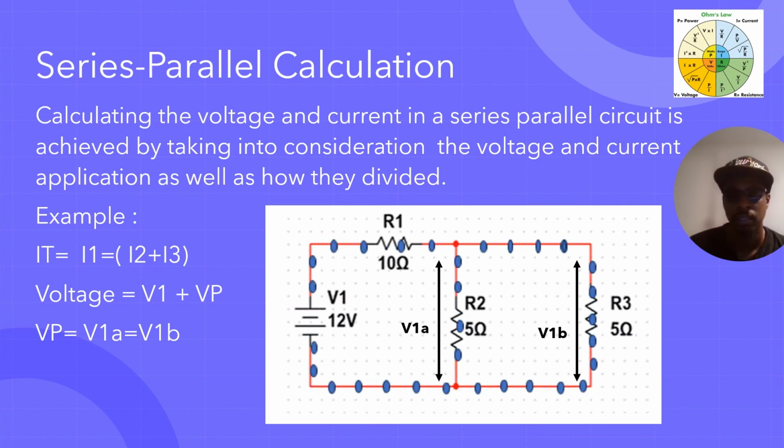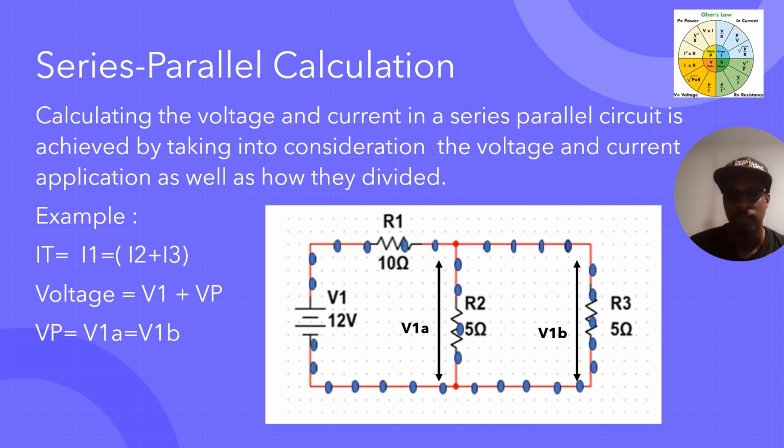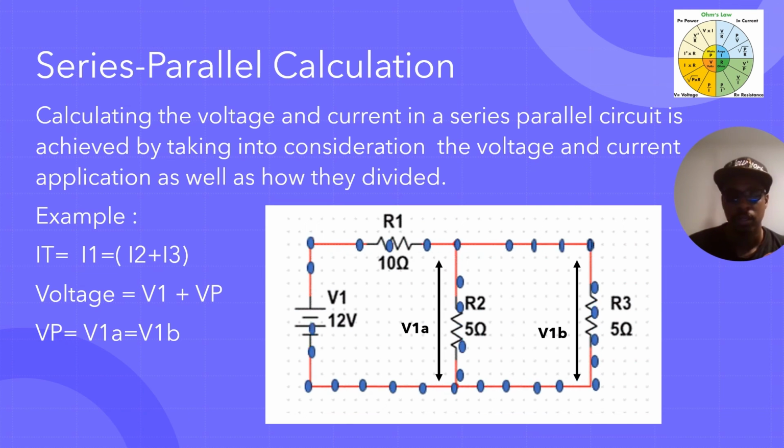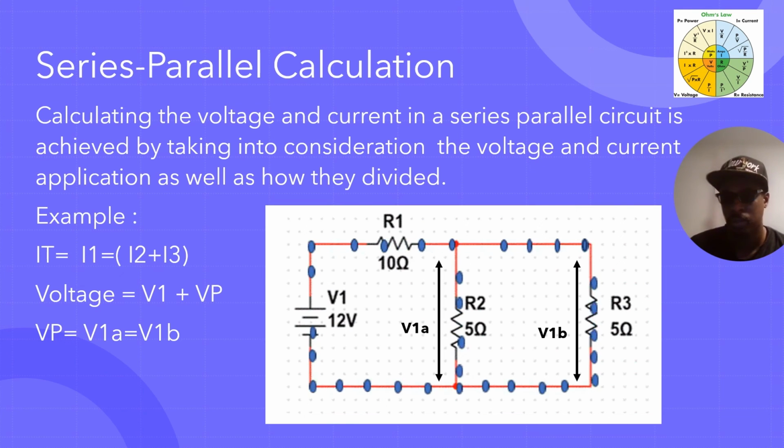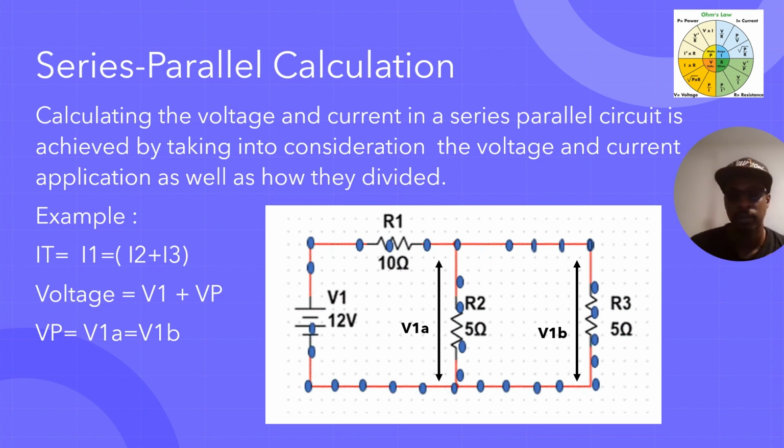However, I1, or that source current, is split between the branch circuit of R2 and R3. So those two as a sum represent the current that's supplied by the source.